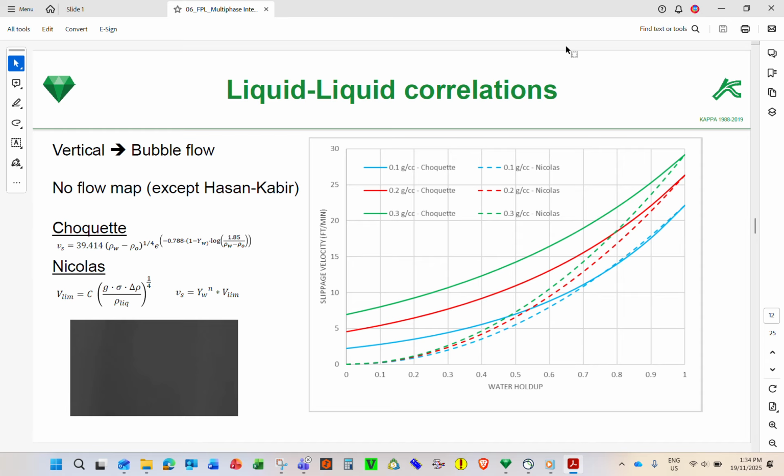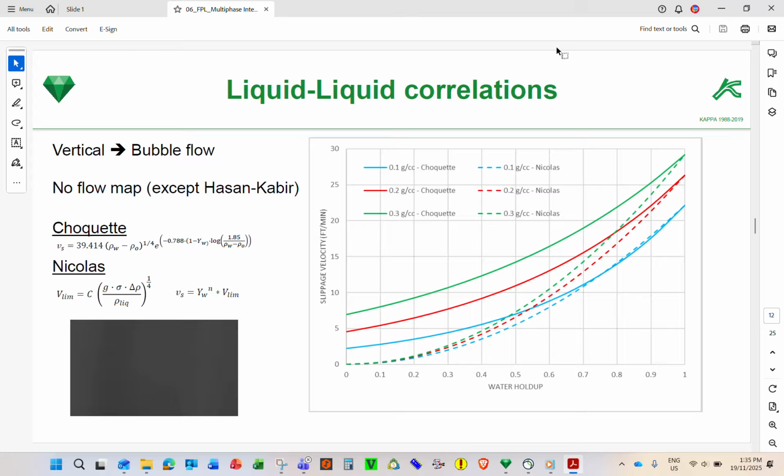So if you put it on the plot, it will be something like this. If the difference is 0.1, for example, water is 1 gram per cc, oil is 0.9 gram per cc, so the difference is only 0.1. It could be a very heavy oil, so you might have something like this. If you have a higher difference, of course, higher slippage. Makes sense.